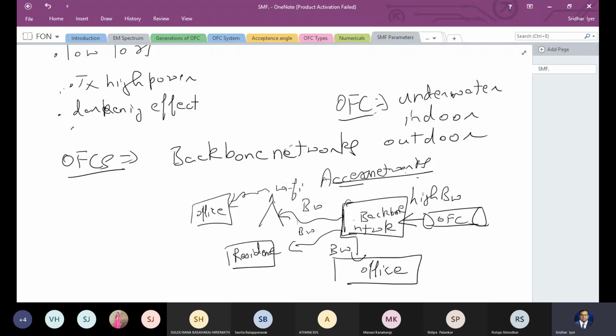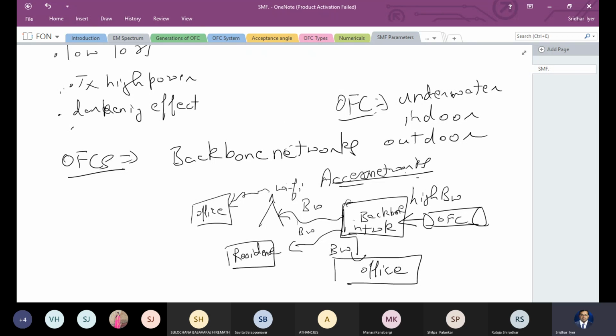Using optical fiber as an access network is only advantageous if you require very high bandwidth. For example, as an individual, if I start using 20 Gbps or 50 Gbps, it may not be required for me, because I'm just using normal internet every day.